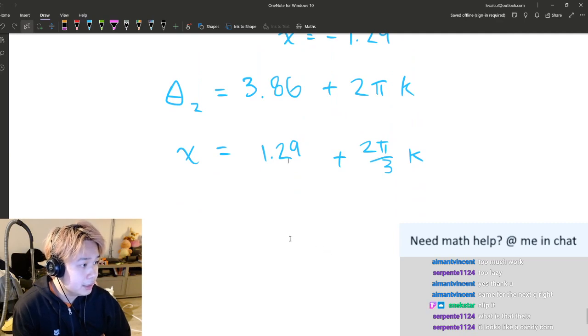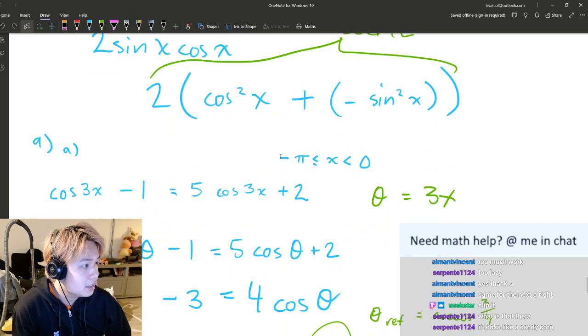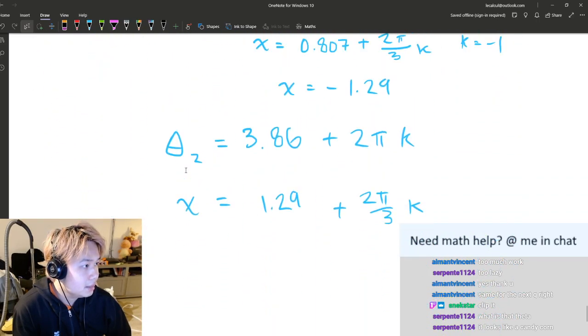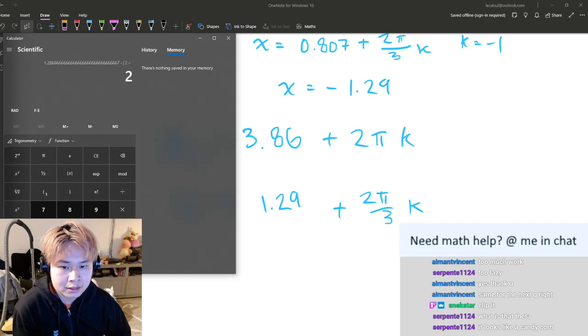And then again, the appropriate x for our domain is up to negative pi. So then I subtract, again, 2/3 of a pi. So subtract 2/3 of a pi.